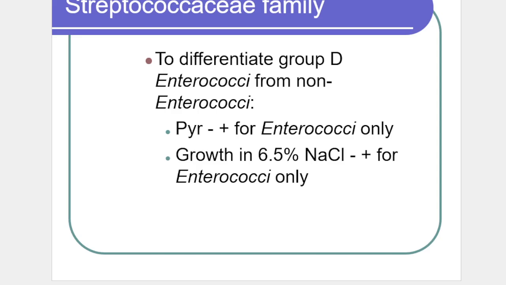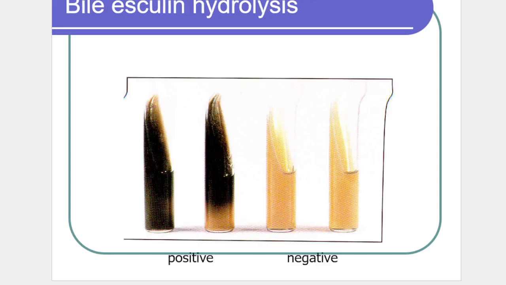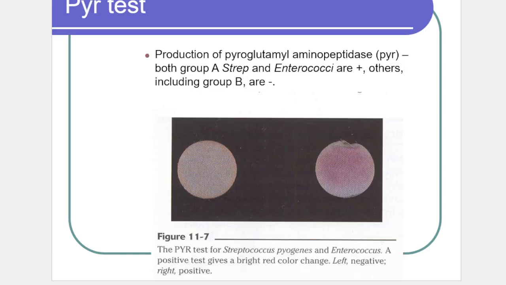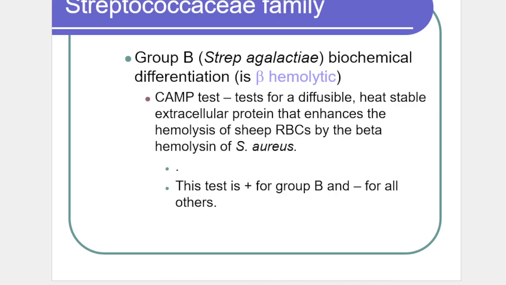So, to differentiate group D enterococci from non-enterococci, utilize yung PYR. PYR test, positive siya for enterococci. Ano pa yung isang positive sa PYR? That is the group A. Okay?